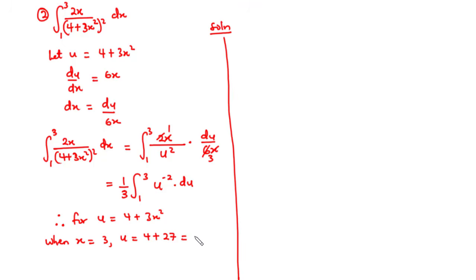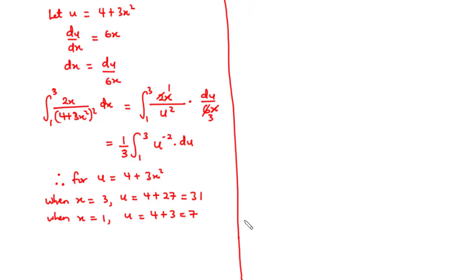So 4 plus 27 is 31. And then when x is equal to the lower limit 1, u is equal to 4 plus 1 squared is 1, times 3 is 3. 4 plus 3 is 7. So we have upper limit to be 31, lower limit to be 7.